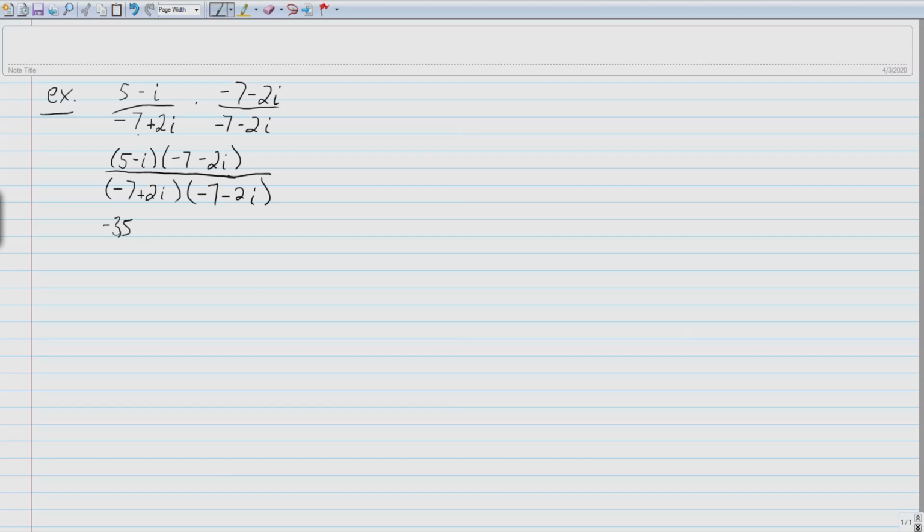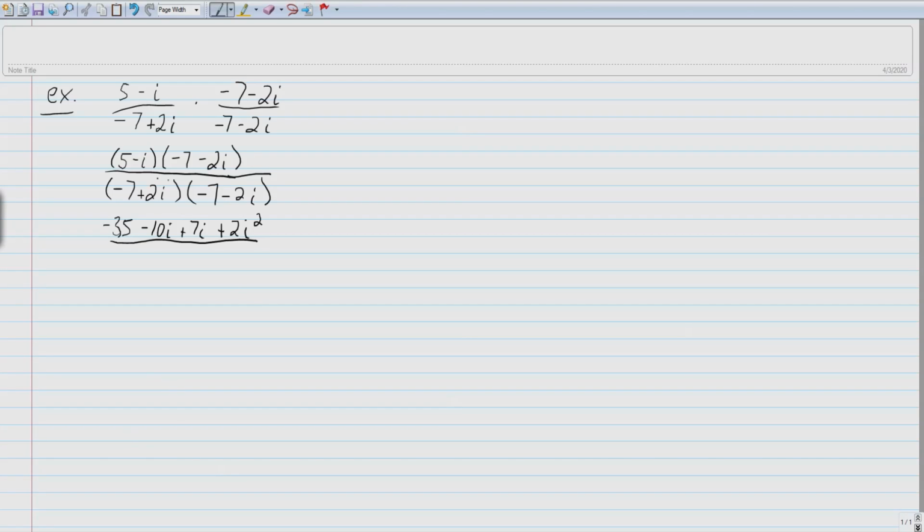And then the 5 times negative 2i, so minus 10i. And the negative i times negative 7 plus 7i. And negative i times negative 2i, so plus 2i squared.